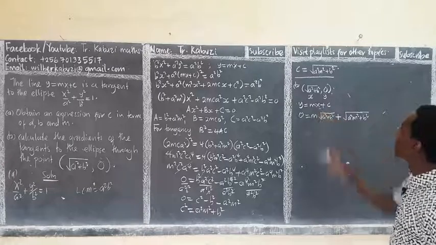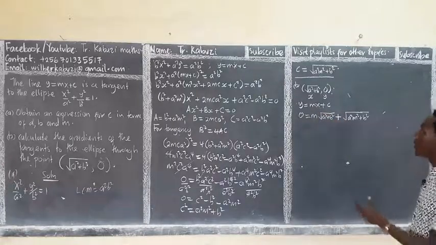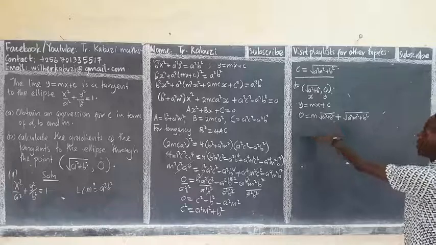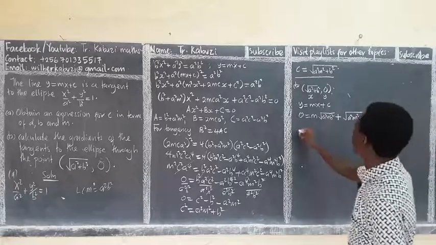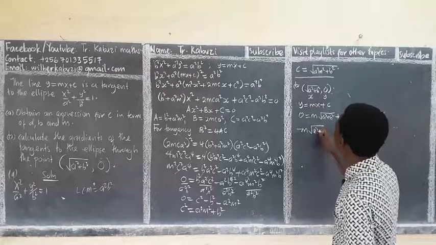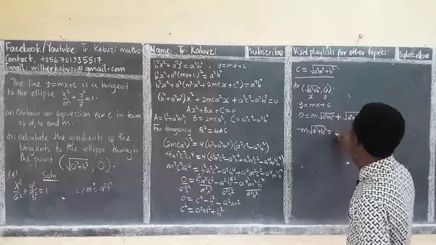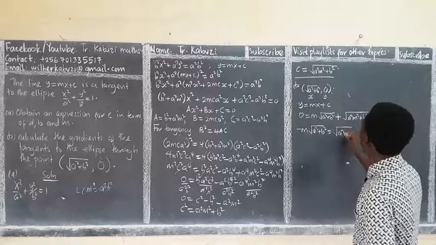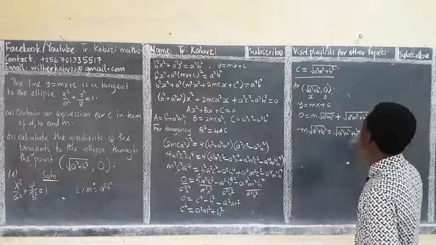This was our x, and so now to get our m, we can start by taking one side. When I take this side, I have now minus m root a squared plus b squared equaling root a squared m squared plus b squared.